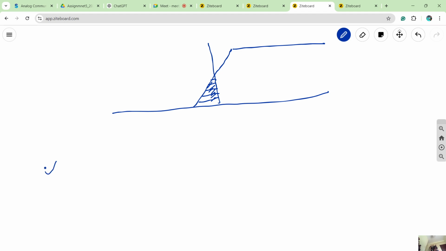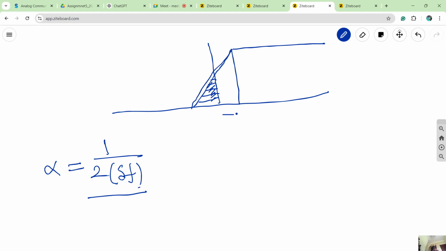The slope alpha is equal to 1 by 2 delta f, because for the slope you want to calculate, this is delta f, this is delta f. So the slope is 1 by 2 delta f.